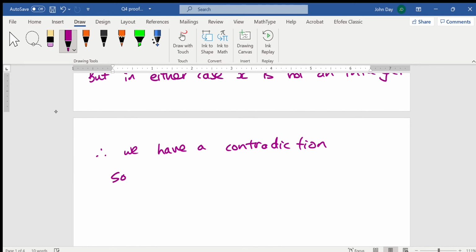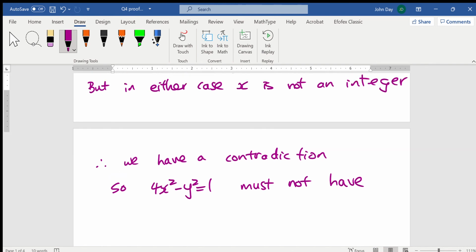So 4x squared minus y squared equals 1 must not have solutions that are integers for x and y.